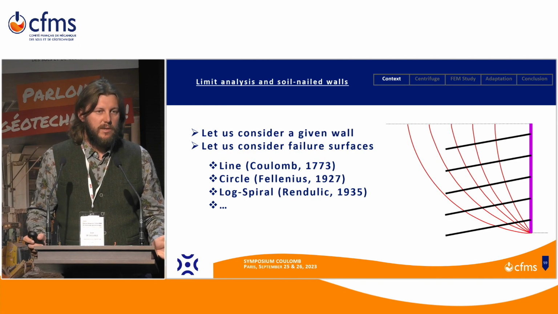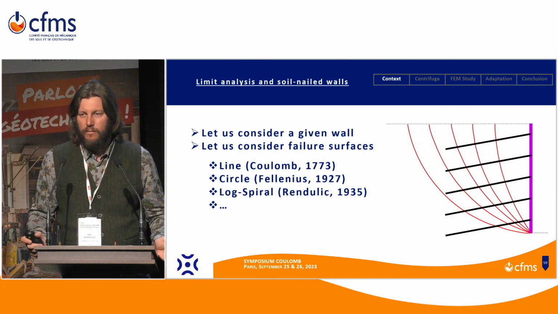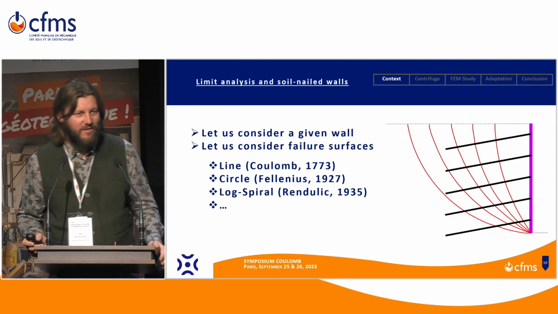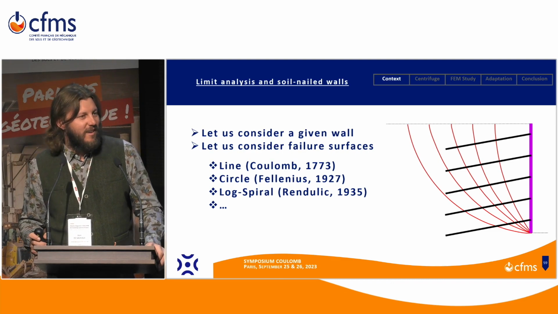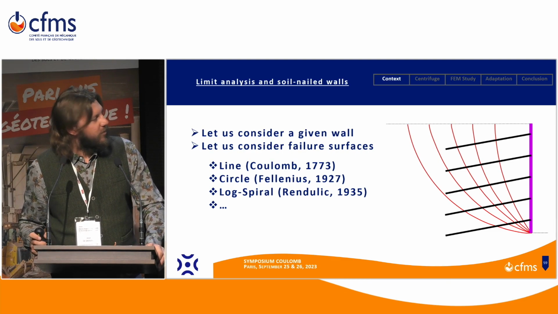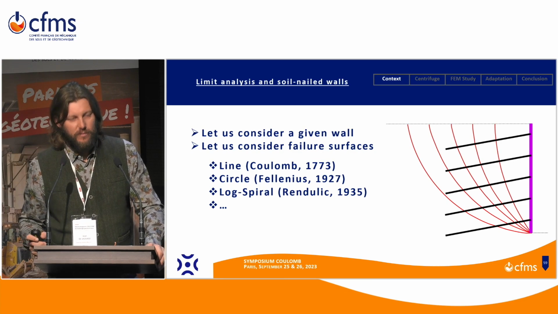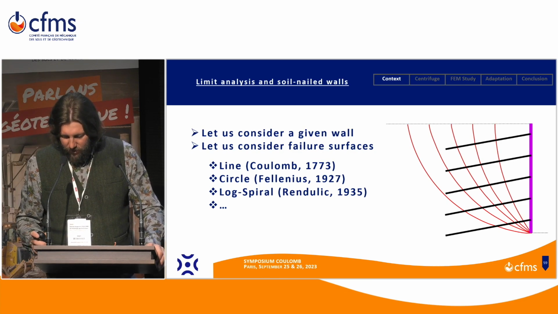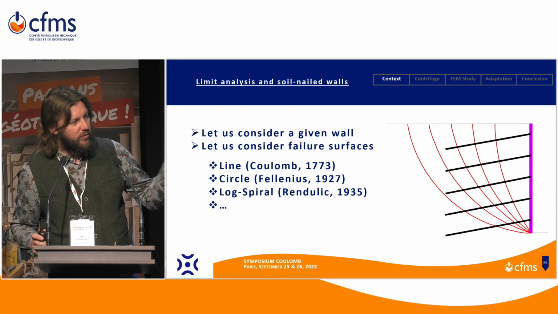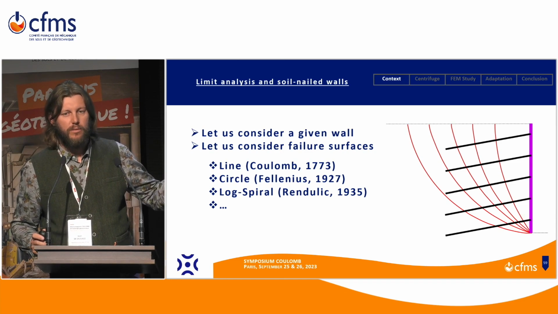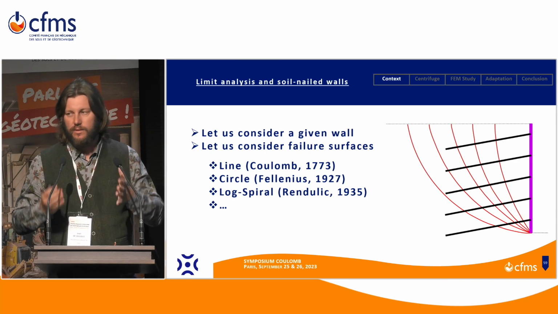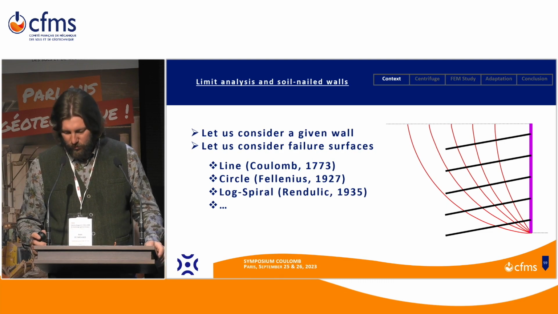The only condition is that this failure surface must be convex or concave, depending on which side you are, but you cannot have a changing of convexity. However, if I talk about the limitations of this approach, we never consider the shear zone observed in Clouterre.